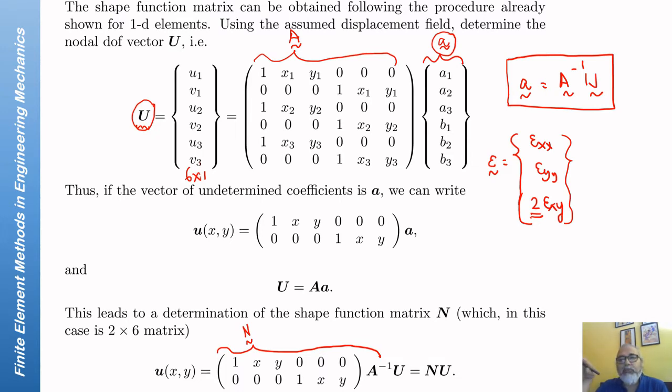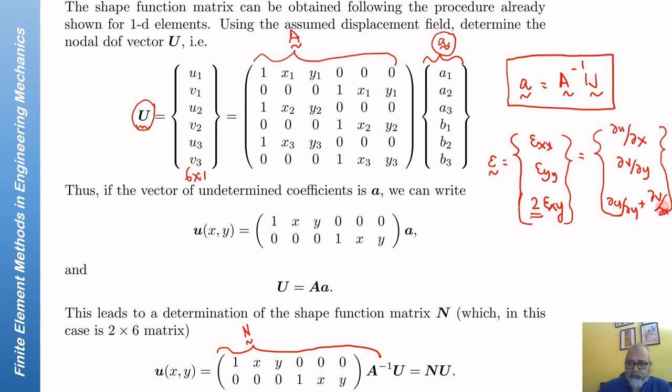It's not an independent component, so we don't solve for epsilon zz in the plane stress case or sigma zz in the plane strain case. We write the strain vector in this way, which as you remember is written in terms of displacement as del u del x, del v del y, and then del u del y plus del v del x. This is how you write the strains.